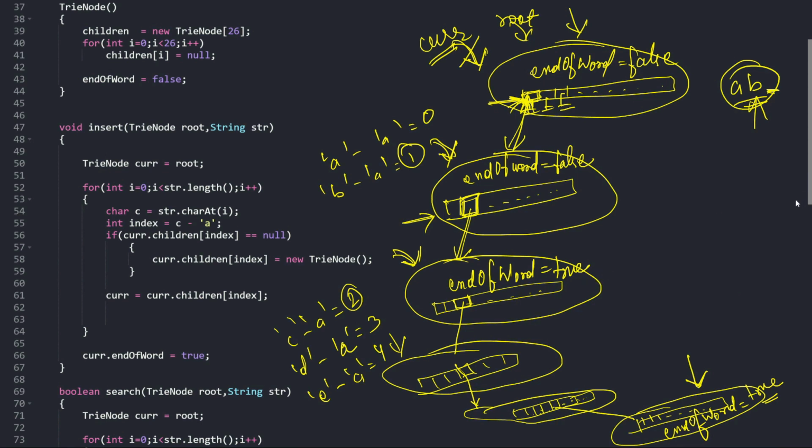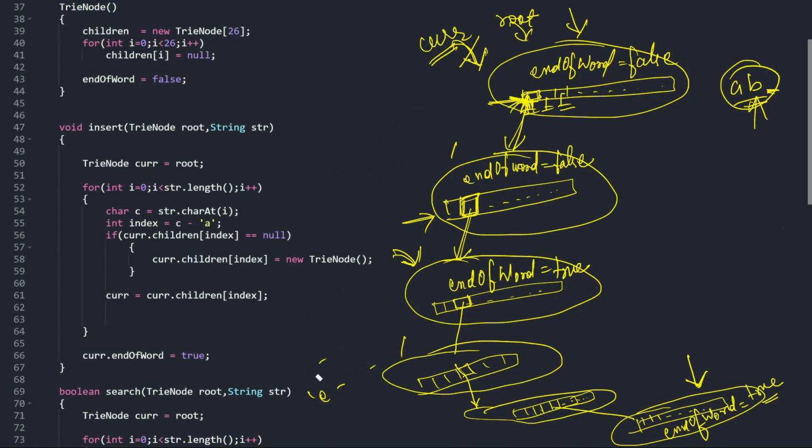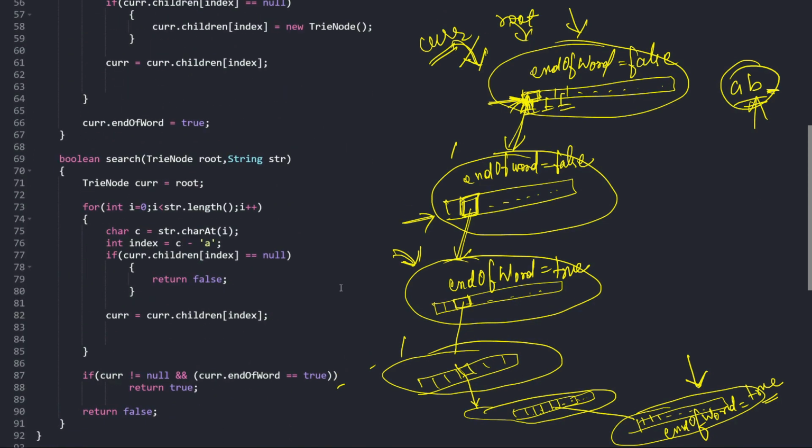Now let's go to the search function. Okay, so let me just erase some part. Yeah, search function is also very similar. Let's say you want to search for AB. So initially you have your cur pointing to root.